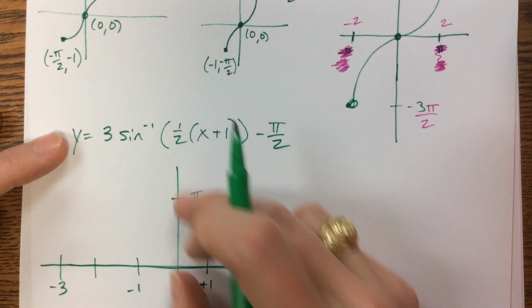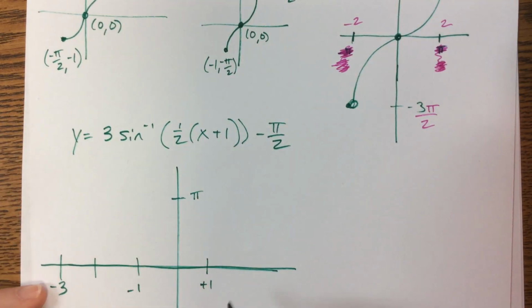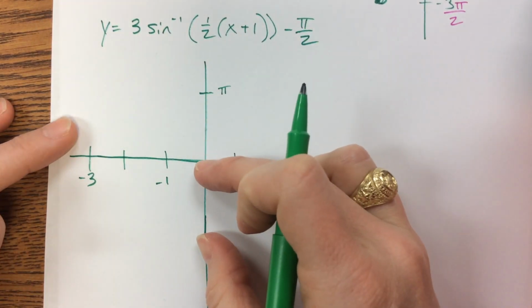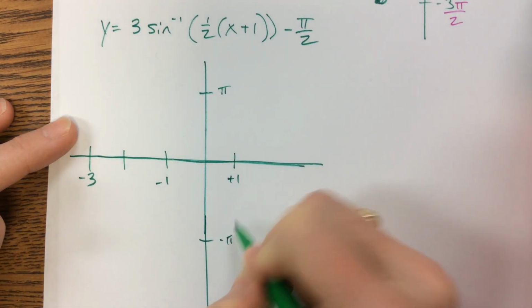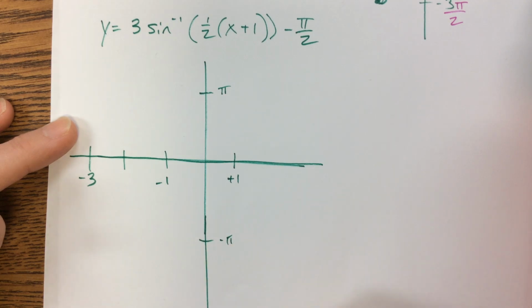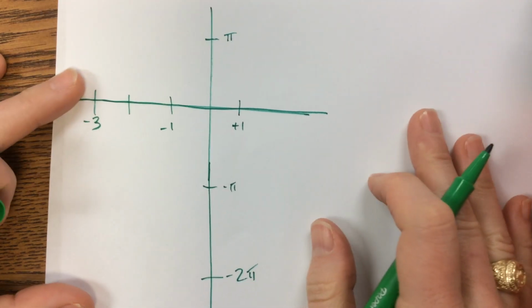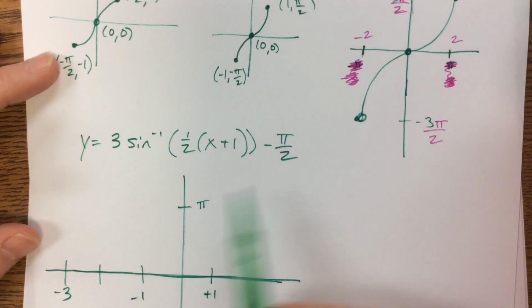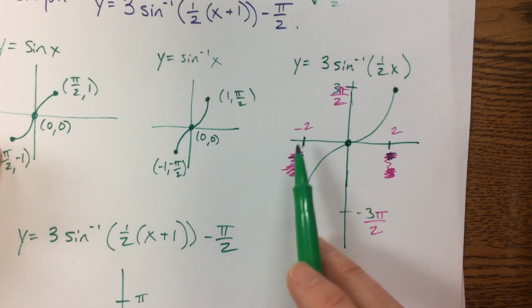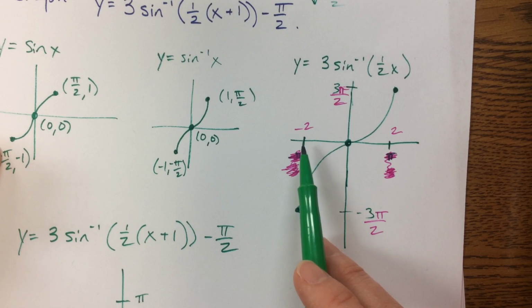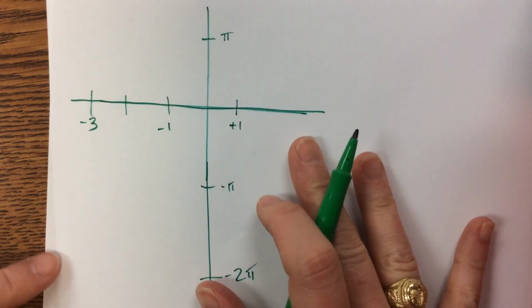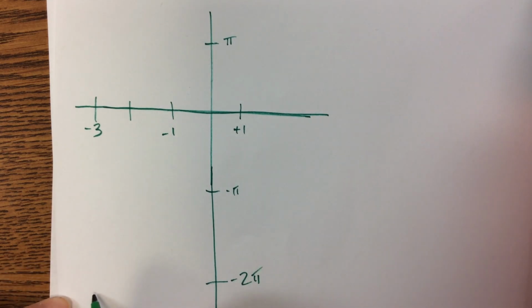And then I need to come, somewhere down here, trying to keep a similar scale. This would be negative pi. This would be negative 2 pi. Way down there. Okay, so I have the point negative 3, negative pi over 2.